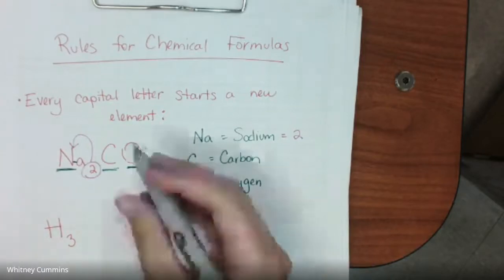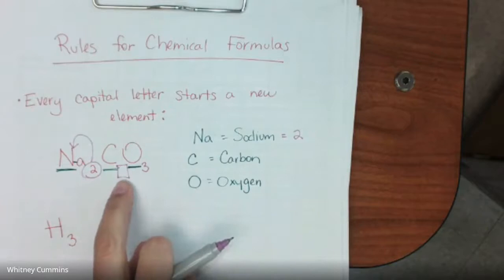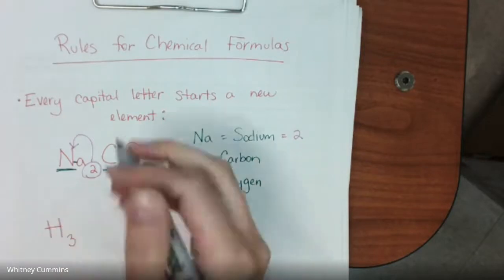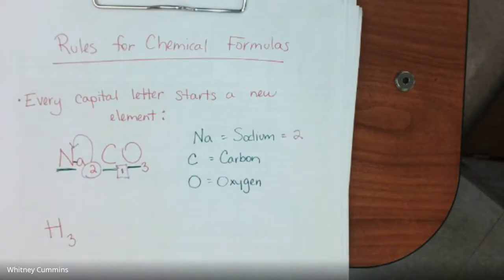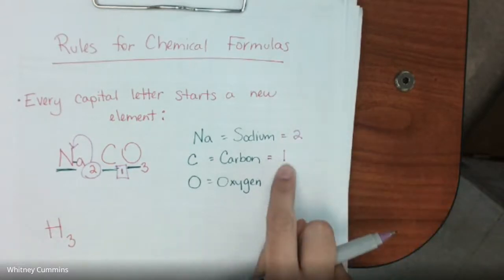Now, check this out. Beside my capital C, I don't have a number. Scientists are super lazy, and so if they don't give you a number right beside it, you automatically assume that it's number 1. Because if it was really 0, they wouldn't have even written it at all. So if they don't tell you, it's just 1.